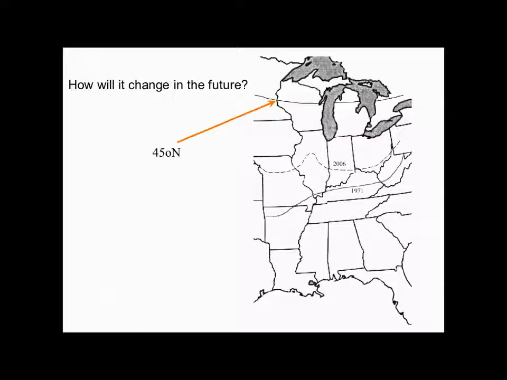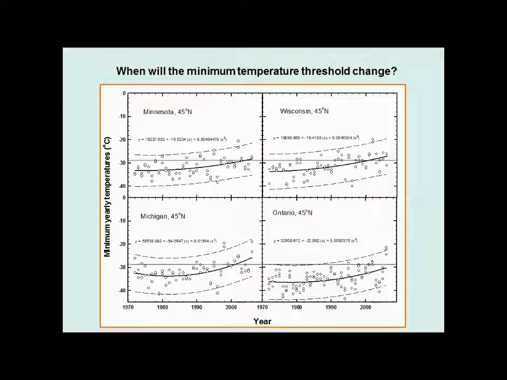Let's move to the future. Let's look at the 45-degree latitude line, halfway between the North Pole and the equator, and let's look at what's happening there. Minnesota, Wisconsin, Ontario, Canada, Michigan. And this was the data at that time in 2006. You can see again, the minimum temperatures are rising. This is the minus 28-degree temperature.